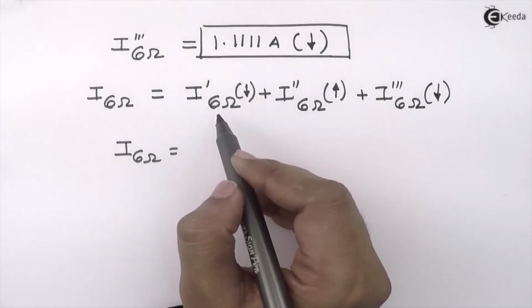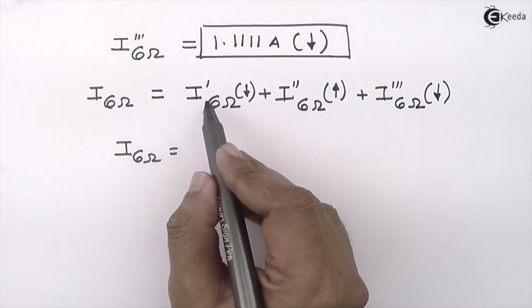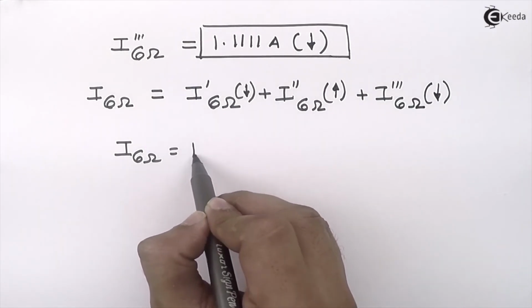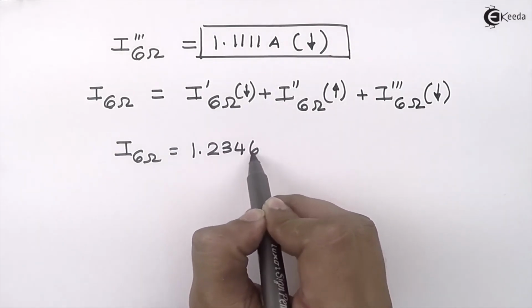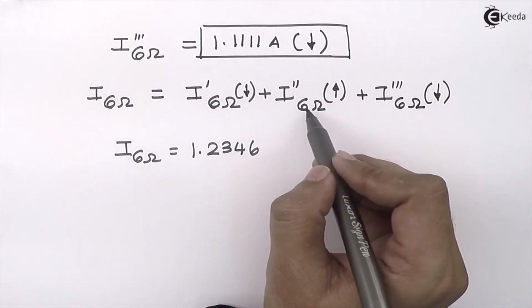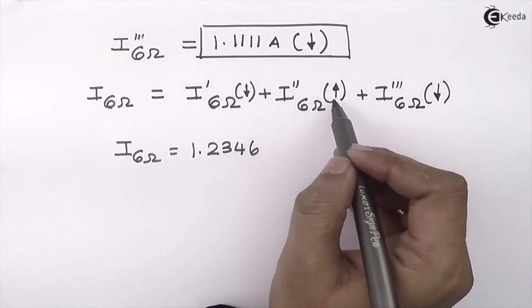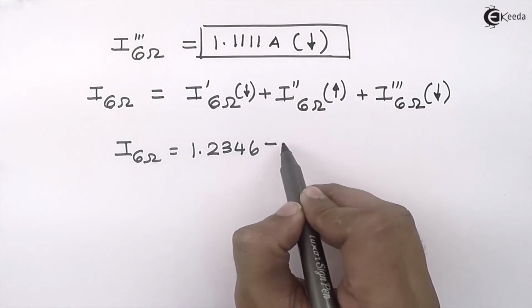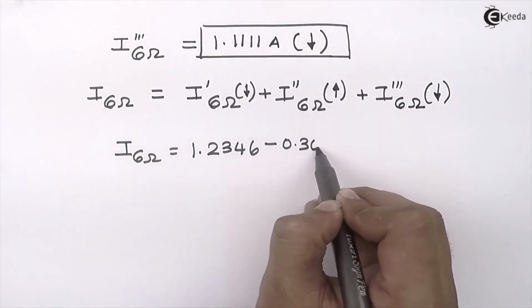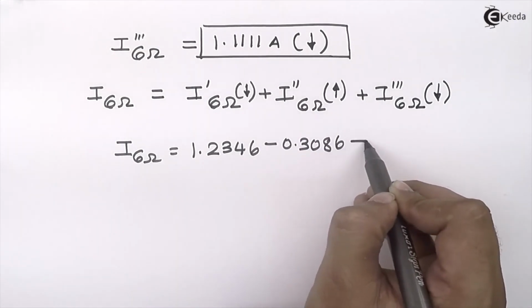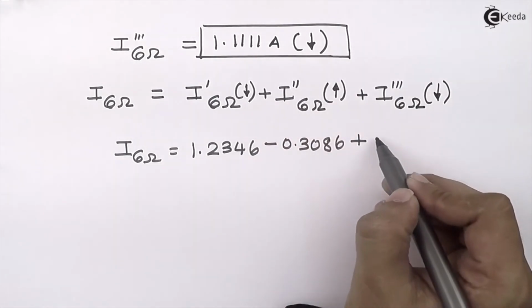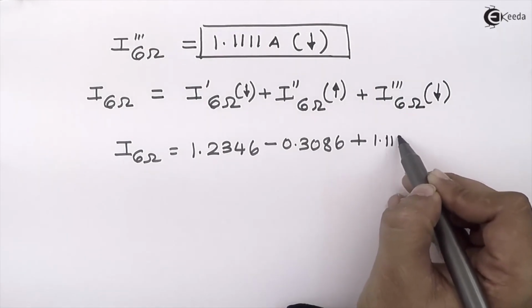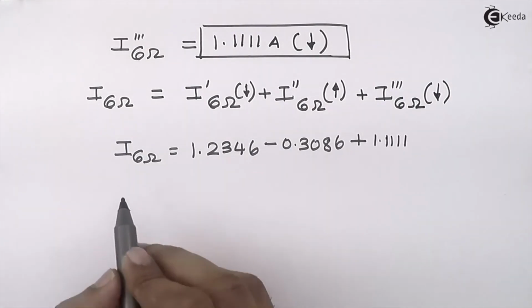So the answer I will get is, for the first source, the current flowing through the 6 ohm resistance is 1.2346. Since the current because of the second source is upward, it's a minus 0.3086, and because of the third source it is downward, so plus 1.1111 ampere.